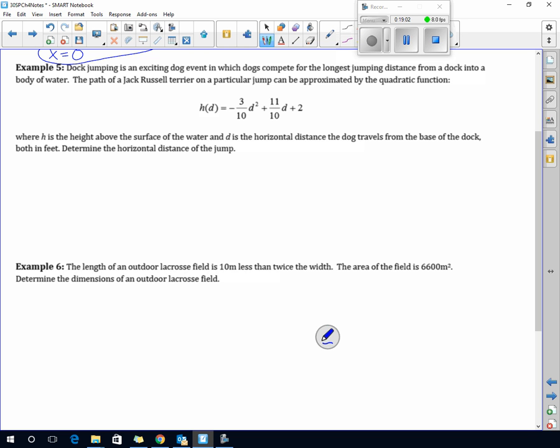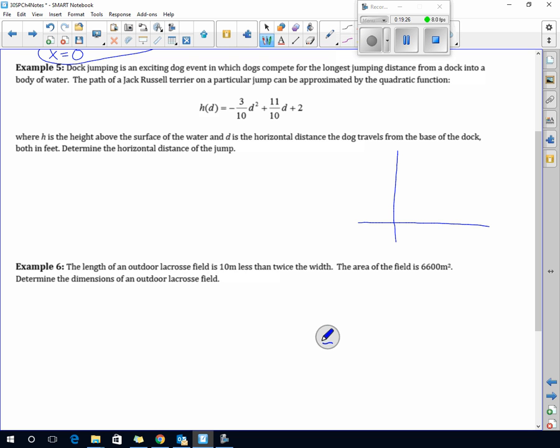Okay, so we need to determine the horizontal jump. So the thing here is can anybody tell me just a quick sketch of this graph? First off, does this quadratic open up or down? Down. How do I know it opens down? It's negative. Can anybody tell me what the y-intercept is? 2.